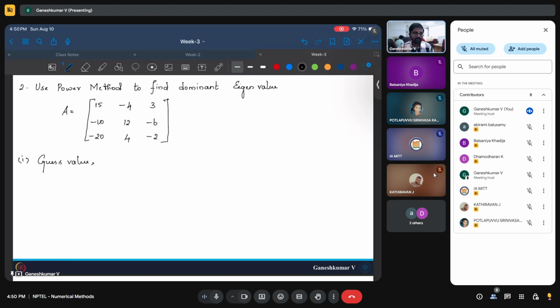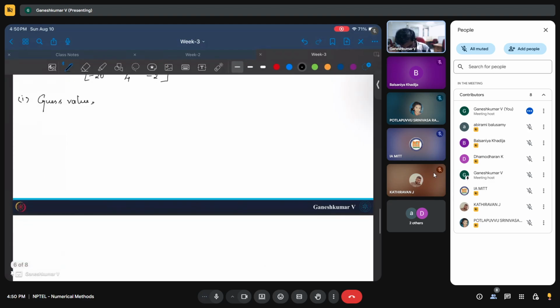And one more thing about this vector is that it cannot be an eigenvector for some other eigenvalue. If that happens, then this method will not converge. So that is also one of the problems. But we don't know for sure whether the vector that we take initially is an eigenvector for this matrix or an eigenvector for some other eigenvalue in the same matrix. We don't know that. So we just have to do a trial and error methodology.